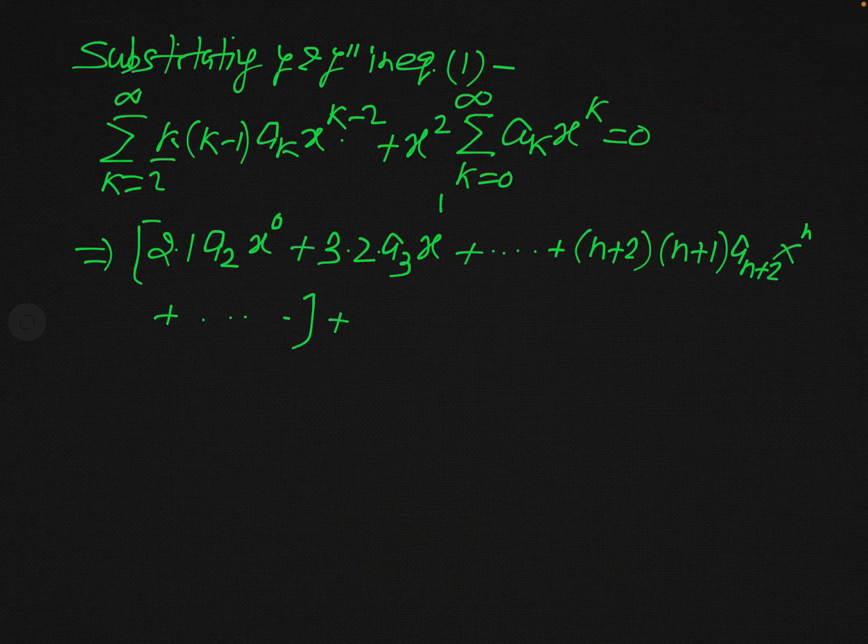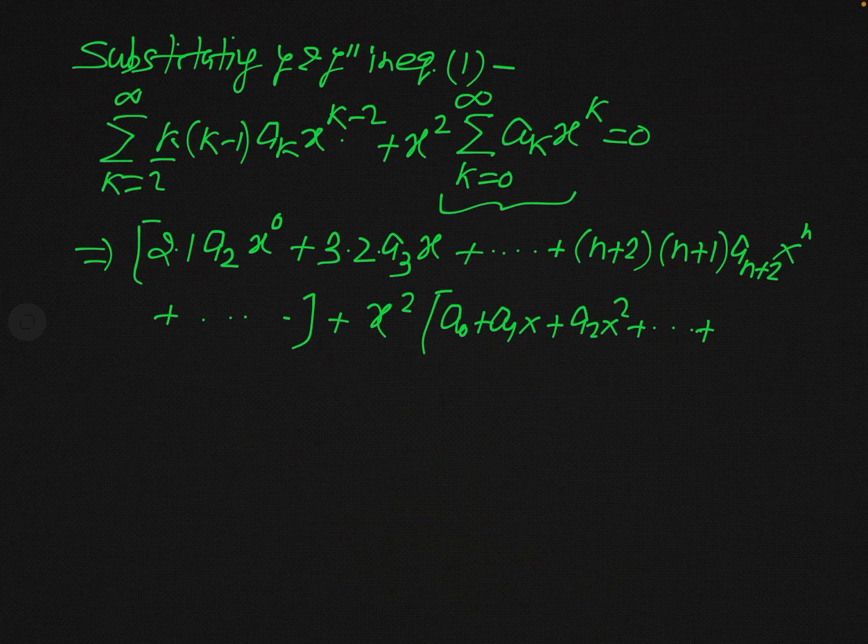Now we will expand this term. So you can see this is x square into, this will be simply a naught plus a1x plus a2x square plus so on.